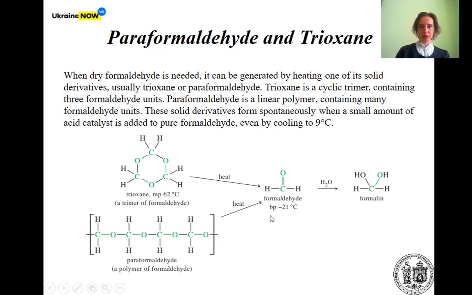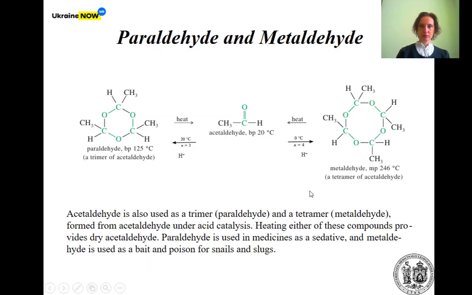A similar compound can be formed from acetaldehyde by cooling to 20 degrees. From a solution of acetaldehyde is formed paraldehyde, and by cooling to 0 degrees is formed metaldehyde. Paraldehyde is a product of condensation of 3 molecules, and metaldehyde is formed by condensation of 4 molecules of aldehyde.